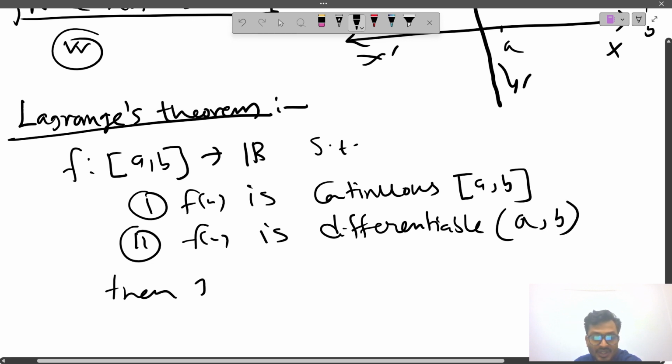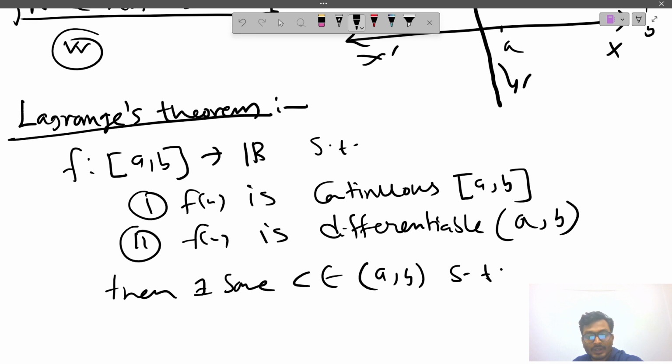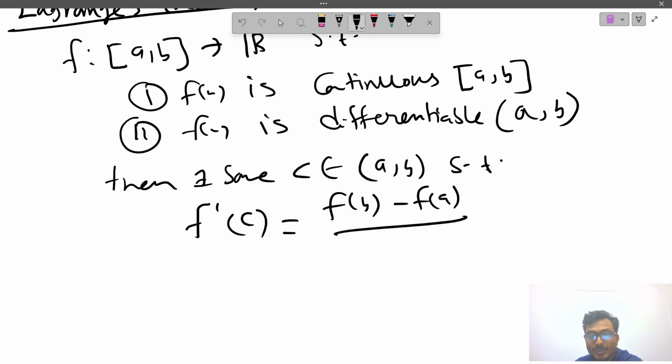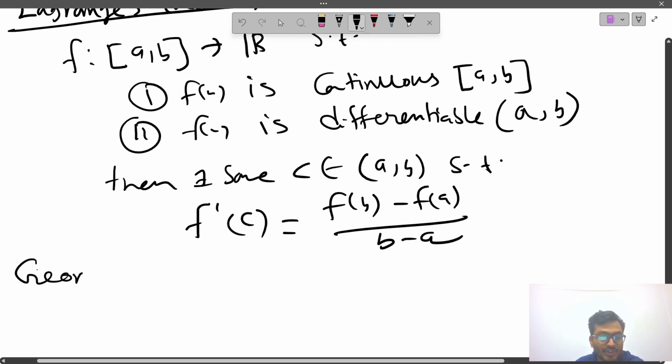Then there exists some c belonging to the open interval (a, b) such that f'(c) equals [f(b) minus f(a)] divided by (b minus a), right? Now in that case we also find the geometrical interpretation.